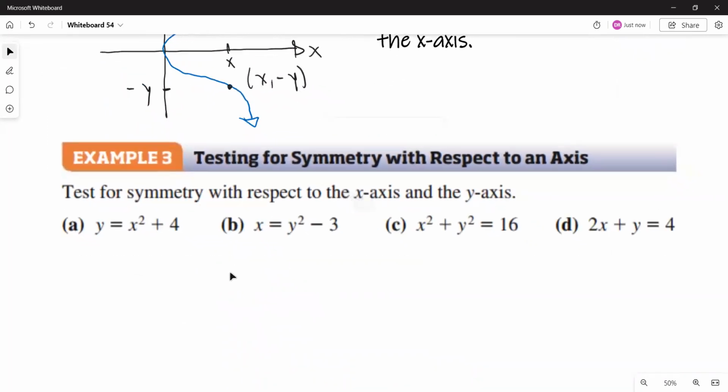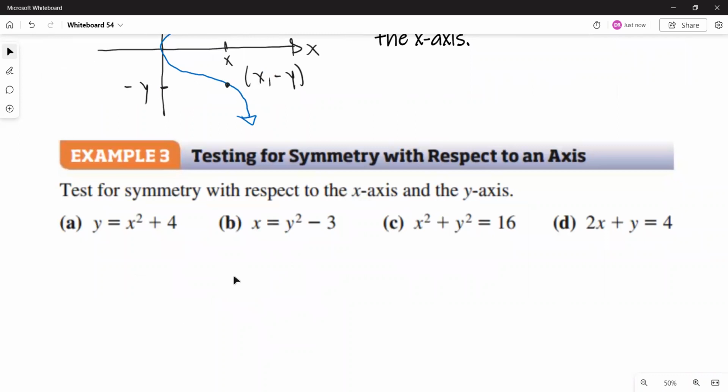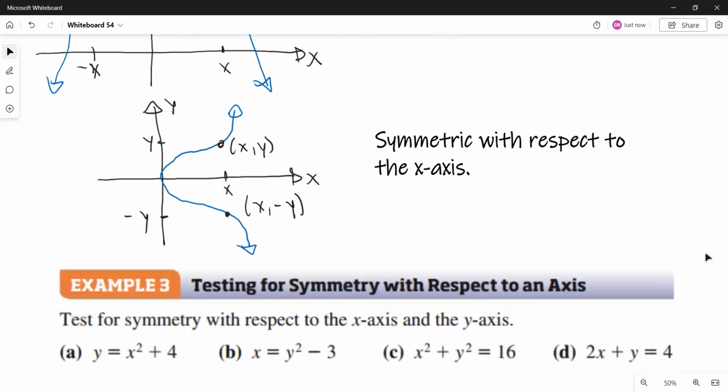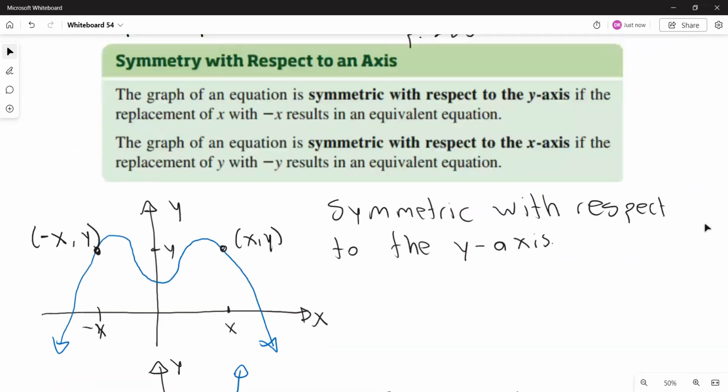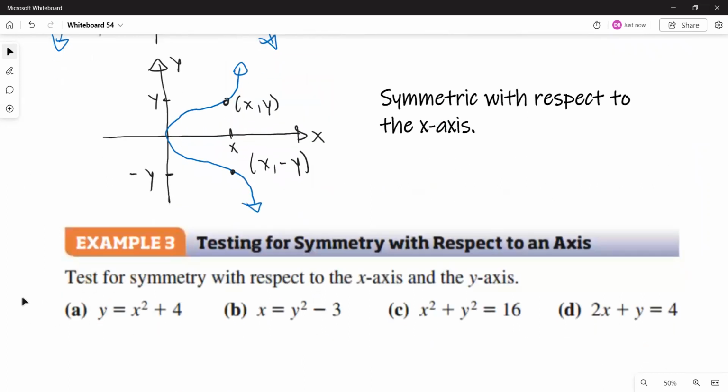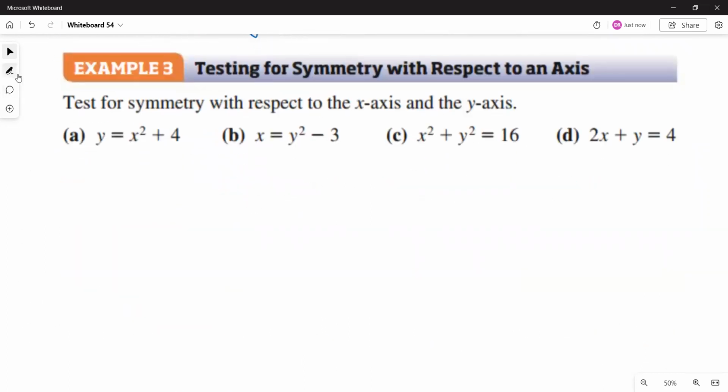Test these equations for symmetry with respect to the x-axis and the y-axis. Remember, the graph of an equation is symmetric with respect to the y-axis if the replacement of x with -x results in an equivalent equation. So we're obviously going to do that without graphing the equation.